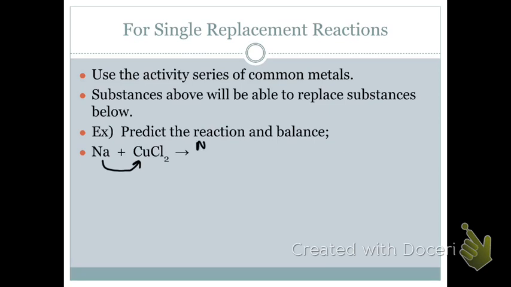So you get NaCl plus copper off by itself, and then you'll have to balance this. The reason this reaction happens is because sodium is higher on the activity series than copper, so it's able to replace it.